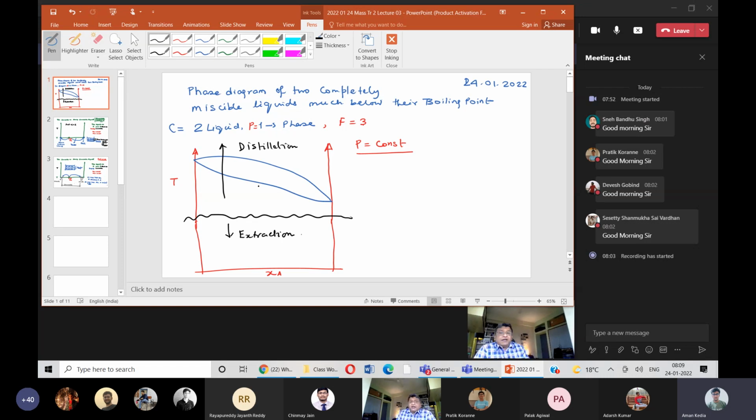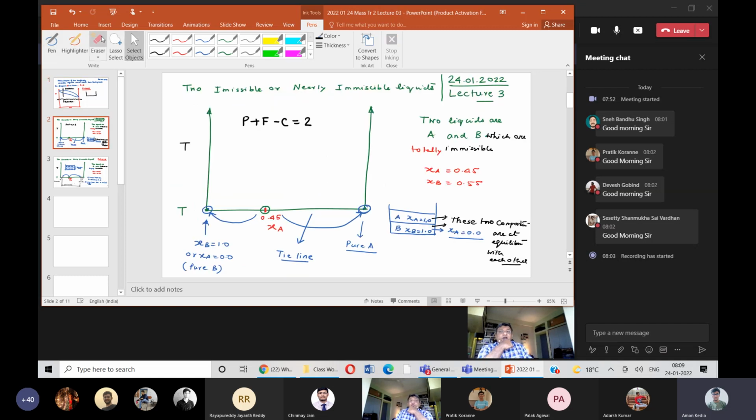This is clear to everyone? In fact, distillation is favored at higher temperature, extraction is favored at lower temperature. Why is it favored at lower temperature? We will come to that. But this is clear. So this is essentially part of the same phase diagram. In extraction, you essentially would like to remain deep within the liquid regime. And therefore, if you check out this part, you just have this as a valid phase diagram for two miscible liquids.